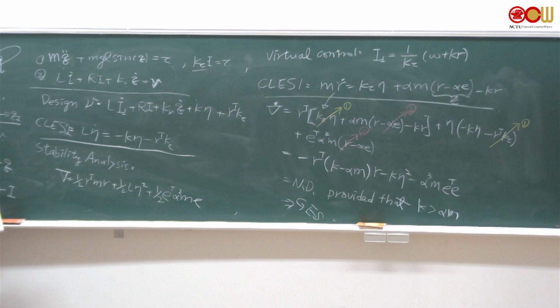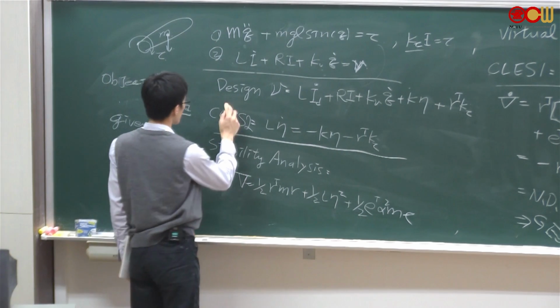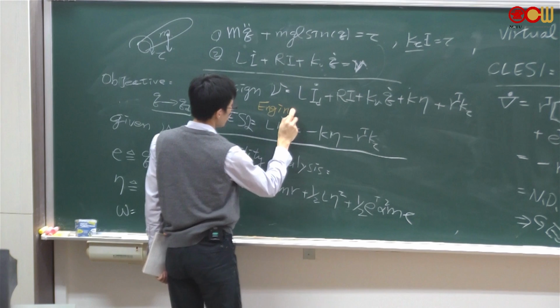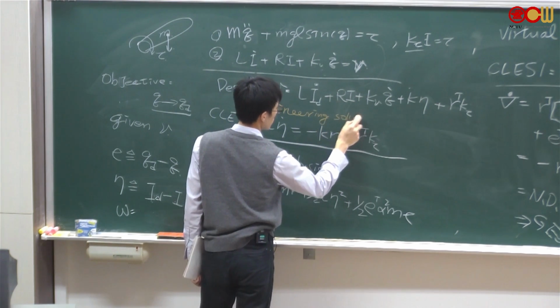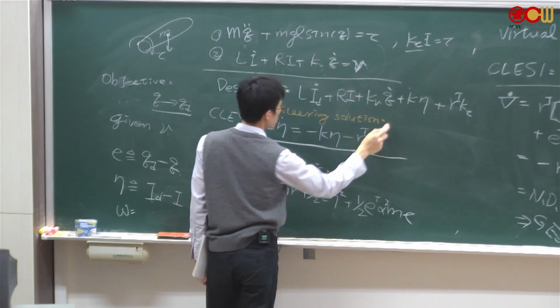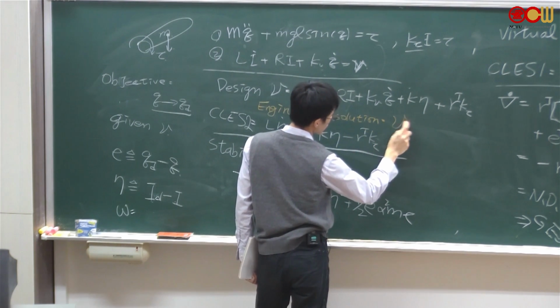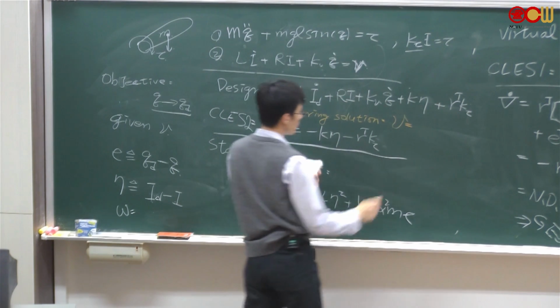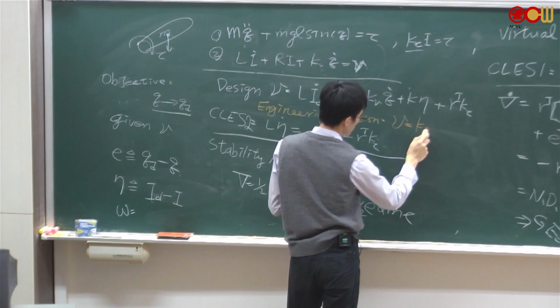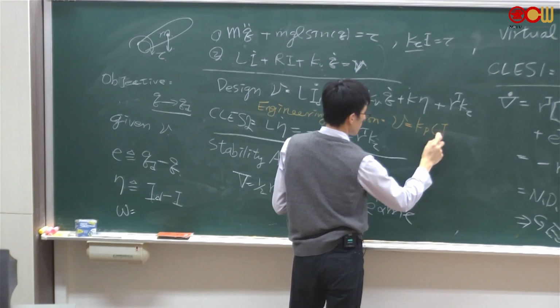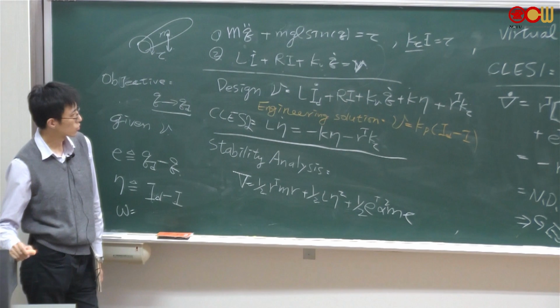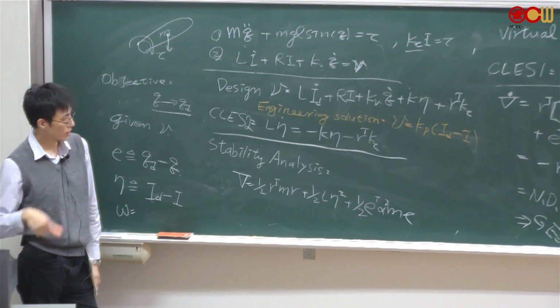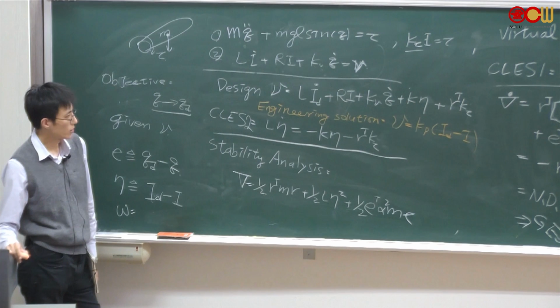Engineering solution. Someone might use PID. For example, if you use PI, engineering solution. You will design virtual control as just KP. This is P control, KP, which is a control gain times the current error.